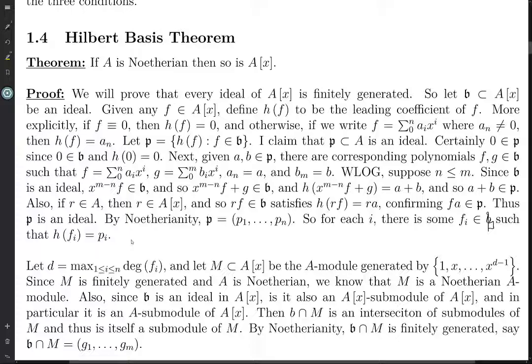But in order to do that, you need to have large enough degrees to play with. So you need to figure out something to deal with polynomials of lower degrees, and that's where you talk about modules. Let d be the maximum degree of these Fi's, and let M be the A module generated by the polynomials of degree 1 through x to the d minus 1.